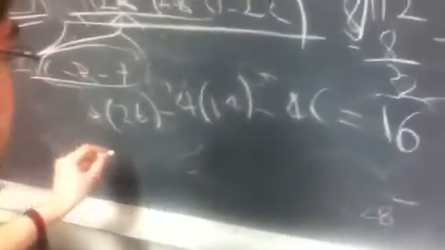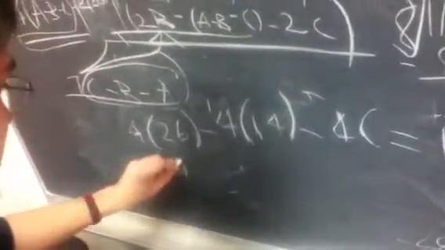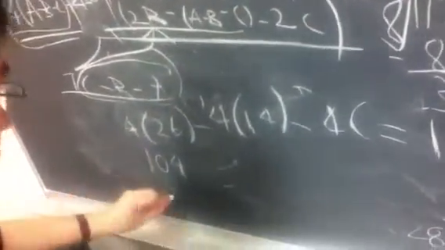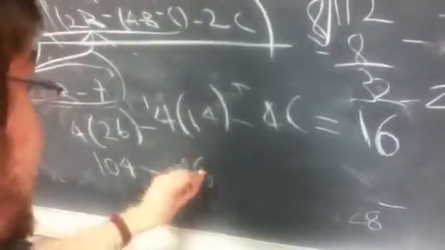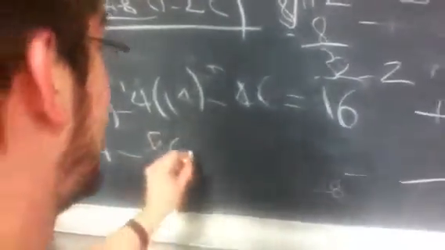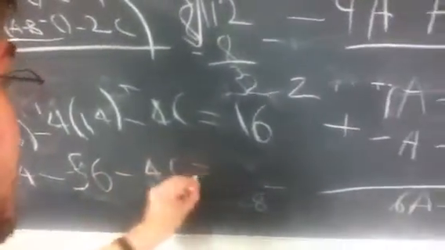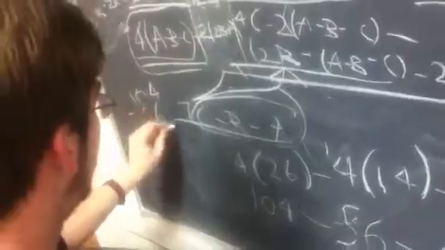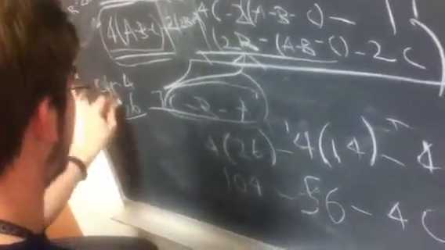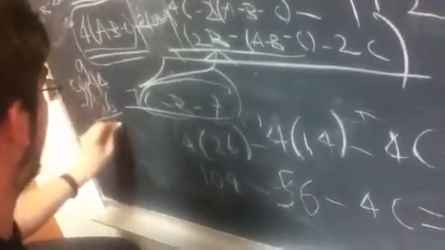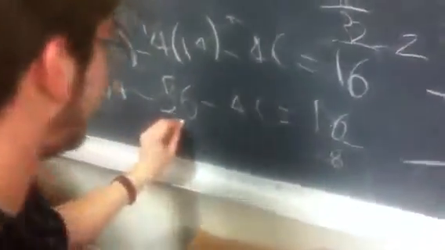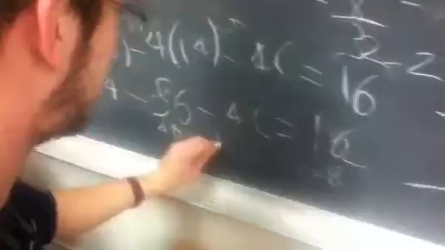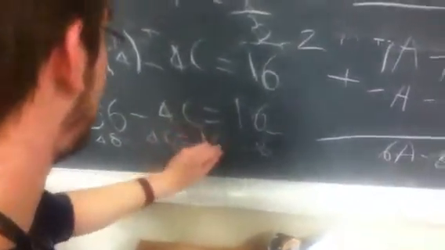So 4 times 26 is 104, minus 56, minus 4c equal to 16. 104 minus 56 equals 48, so 48 minus 4c equals 16.